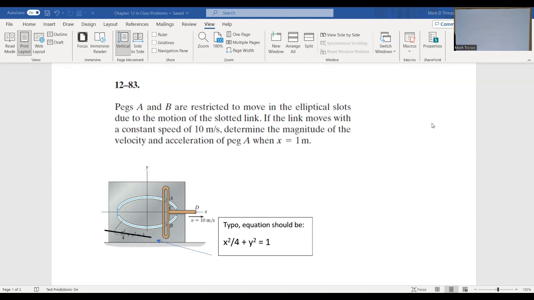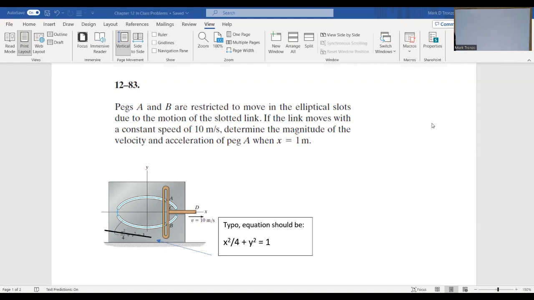It's moving to the right at 10 meters per second. And pegs A and B are restricted to move in the elliptical slots due to the motion of the slotted link. If the link moves with a constant speed of 10 meters per second, determine the magnitude of the velocity and acceleration of the peg when x equal 1 meter.